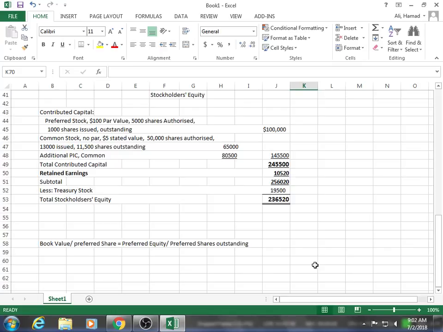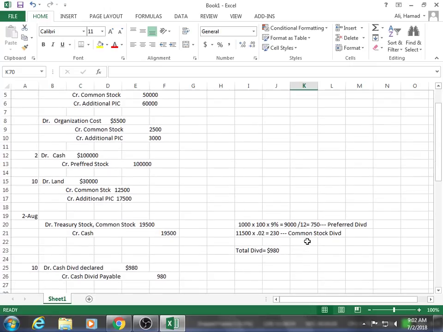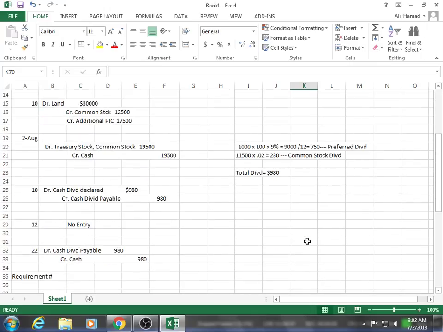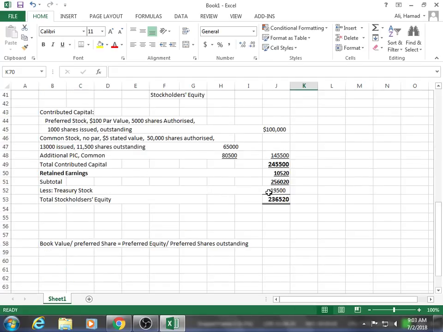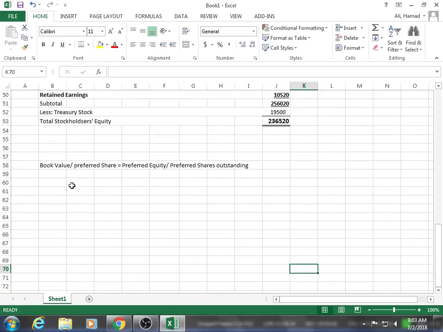How much is the 1 year dividends in arrear? We found that earlier. Cash dividends for a whole year is $9,000. Remember we did that earlier? So they are entitled to the 100,000 plus 9,000. Let me go back to here and write down preferred equity.